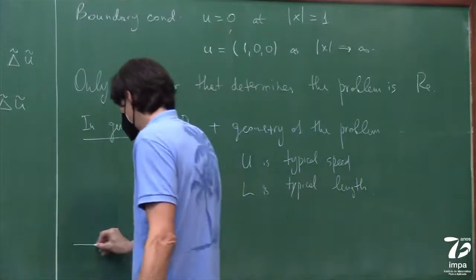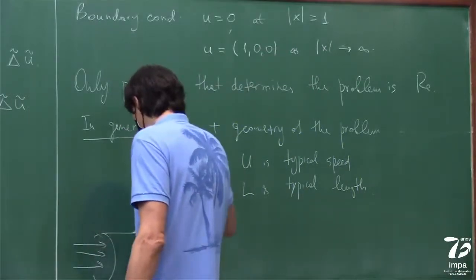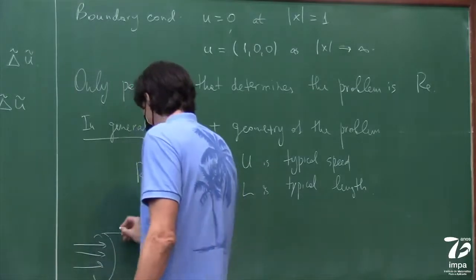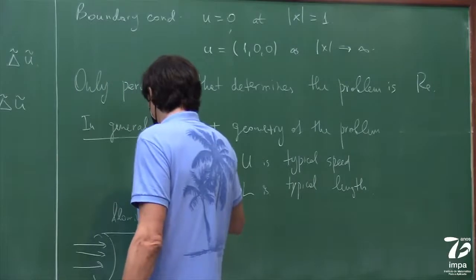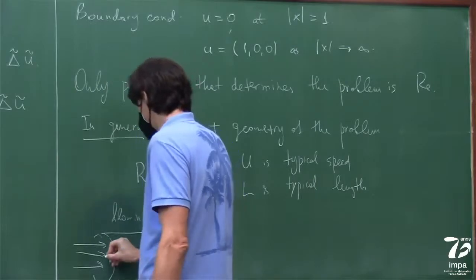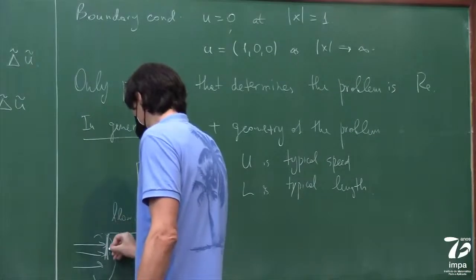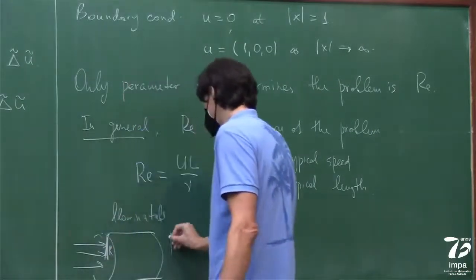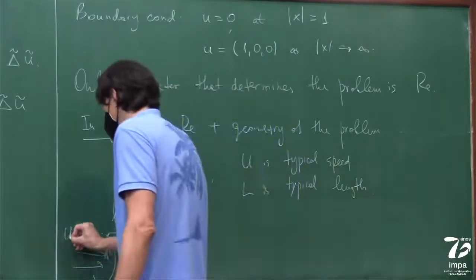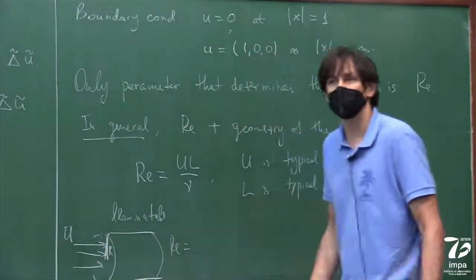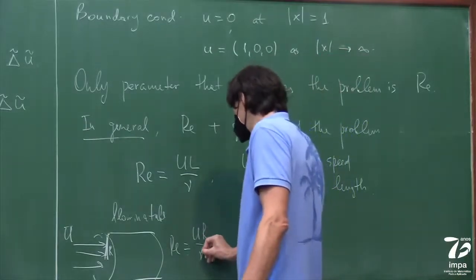For example, if you take the flow in a tube, where the tube has a radius R, and the average speed, the entering speed, is U, then the Reynolds number becomes UR over nu.